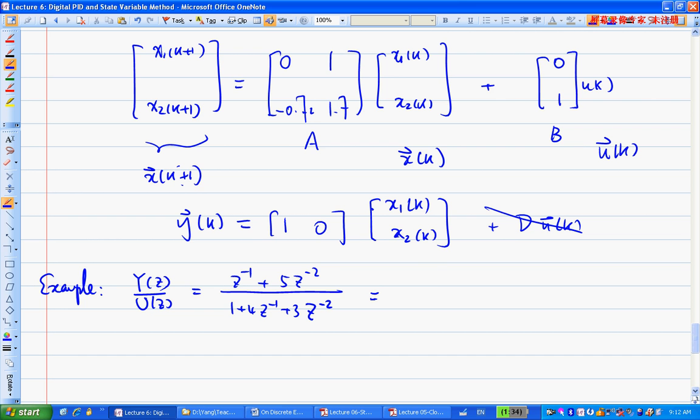If you don't like this format, let me rewrite it back into the original controls format. We multiply both the numerator and denominator by z to the power of 2, and what we get is z plus 5 over z squared minus 4z plus 3. So that's the other format.